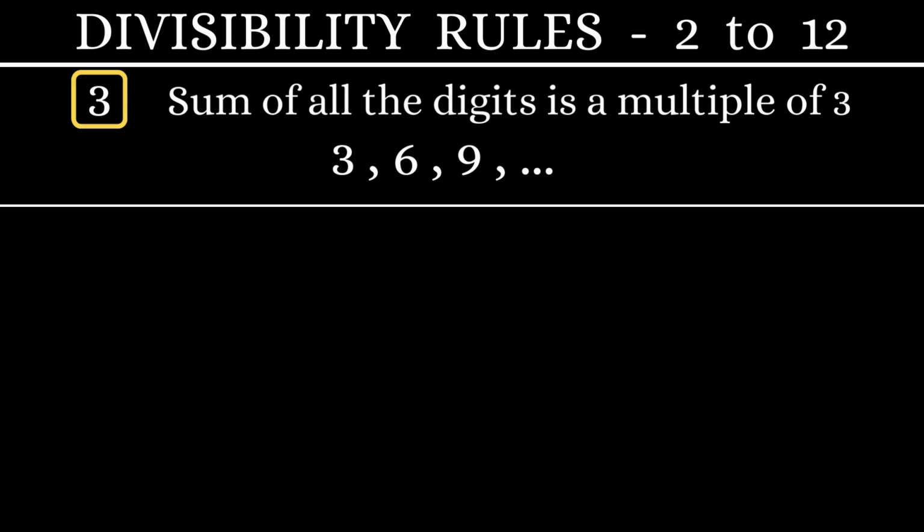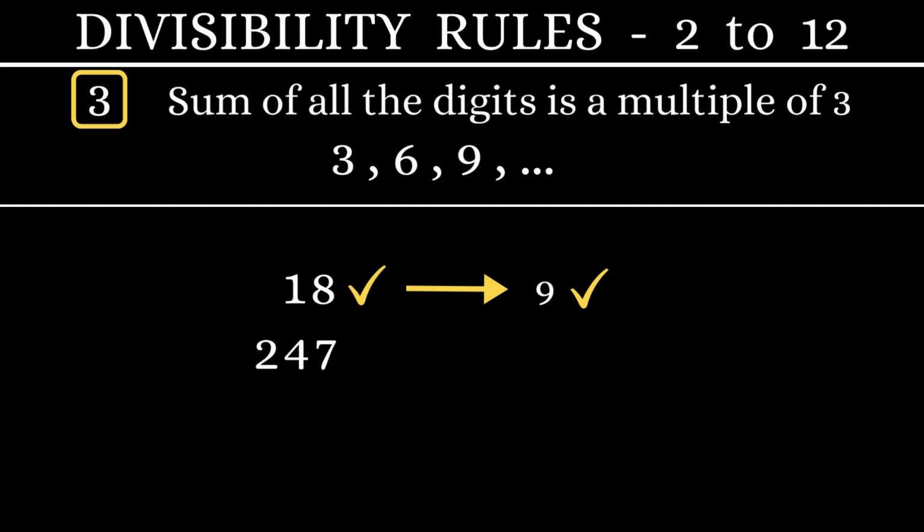First example, 18. Here we'll be adding the digits 1 and 8. We get 9, which is a multiple of 3. So, 18 is divisible by 3.